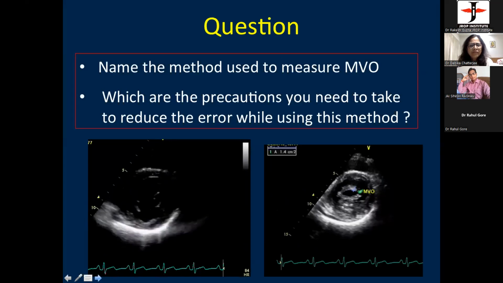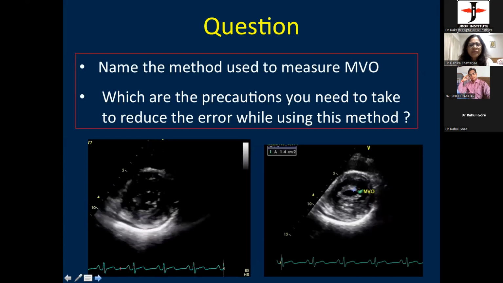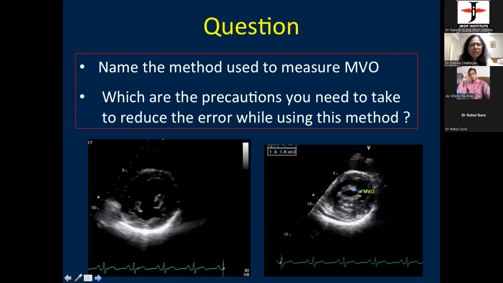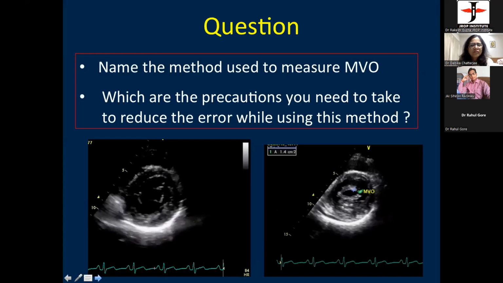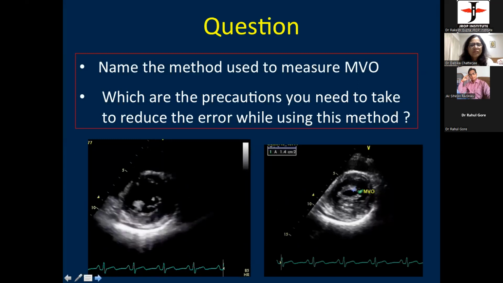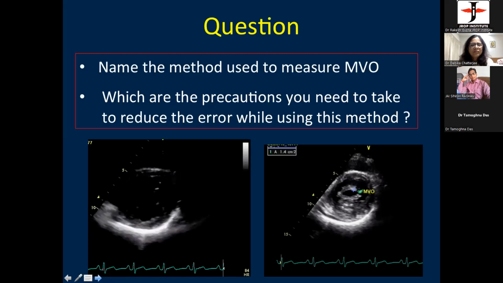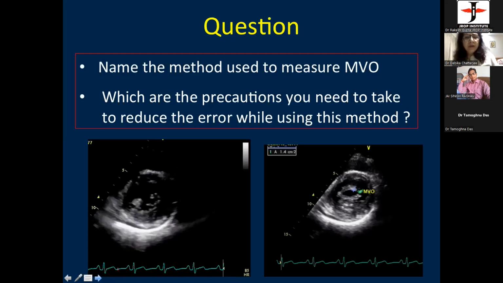Dr. Vinay Sharma. Dr. Anudeep Reddy. Dr. Karanveer. Samrat Madanik. Tamogna Das. Good evening, sir. Good evening, Tamogna. Go ahead.